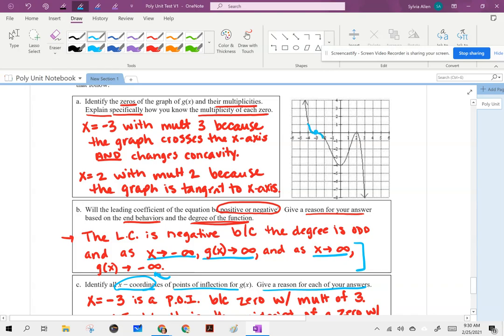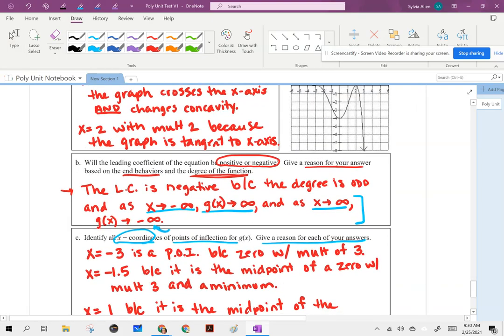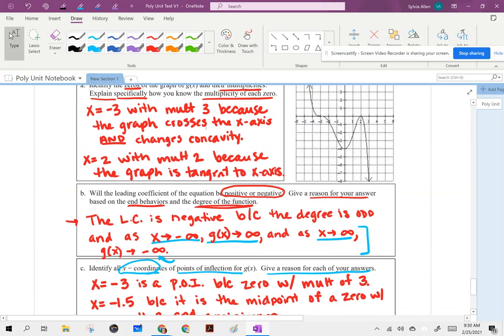We've already established that it was a multiplicity of 3 up in A because it changes concavity. So when you are justifying this, we know that -3 is a point of inflection because it's a zero with multiplicity of 3.